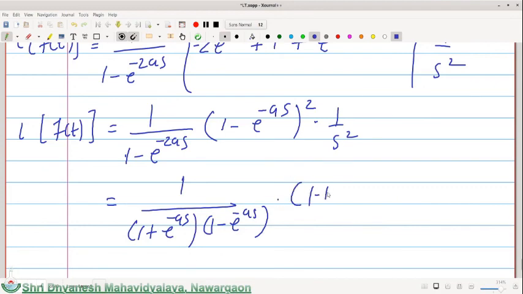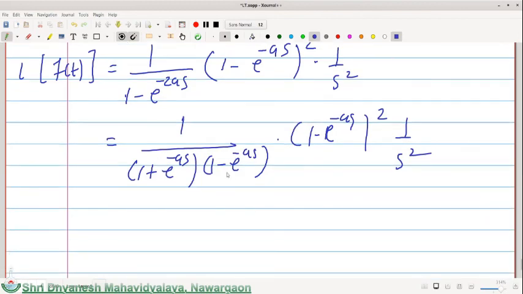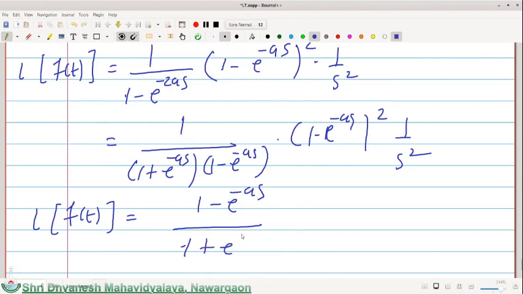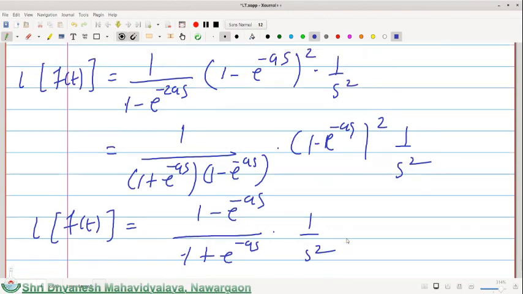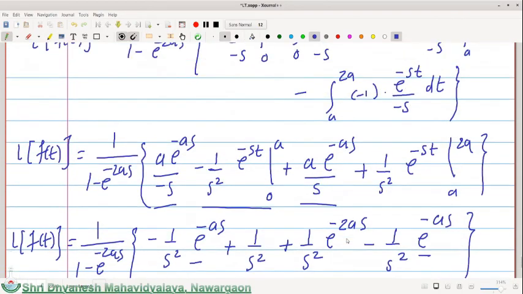This is 1 minus e to the power minus as whole square, 1 by s square. So one bracket from denominator will get cancelled with one bracket in the numerator. So we have Laplace transform of f of t equals 1 minus e to the power minus as upon 1 plus e to the power minus as, into 1 upon s square. So this is the required Laplace transform of periodic function f of t.